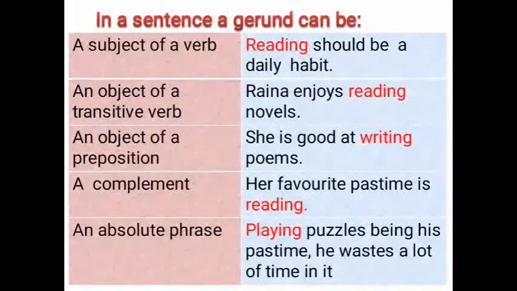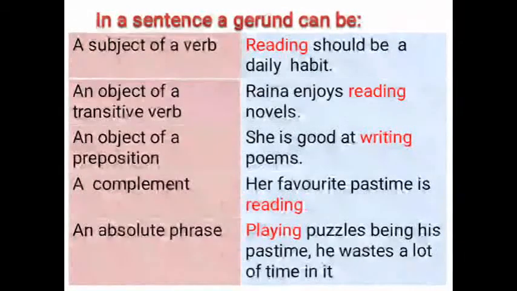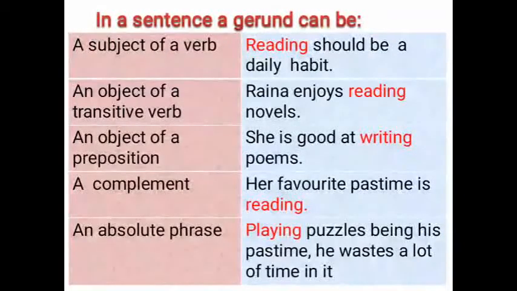Reading. An object of a transitive verb. Reina enjoys reading novels. Reina enjoys what? Reading novels. An object of a preposition. She is good at writing poems. She is good at what? Writing poems. So, writing is the object of the preposition at.